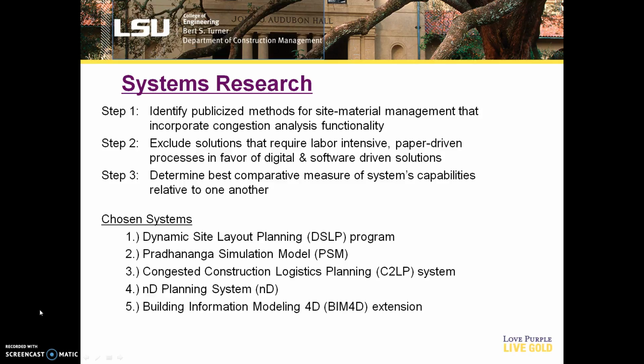As I spoke to earlier, I then determined the best comparative measure of systems capabilities relative to one another using the criteria I spoke to and the analytic hierarchy process to compare them all against one another. The 5 systems that resulted from my research are the Dynamic Site Layout Planning Program, the Pradhananga Simulation Model, the Congested Construction Logistics Planning System, the Nth Dimension Planning System, and the Building Information Modeling 4-Dimension Extension.